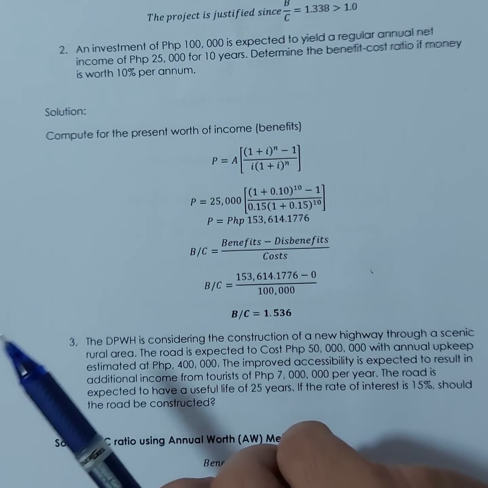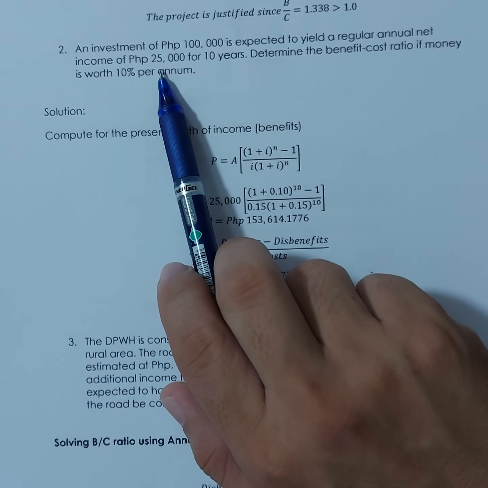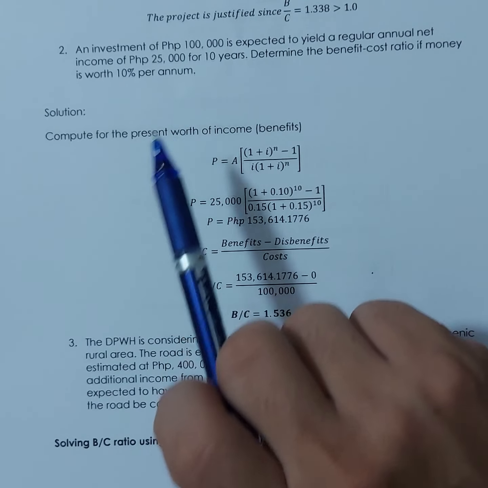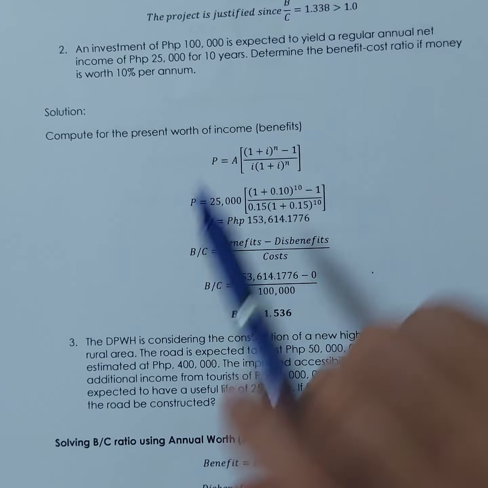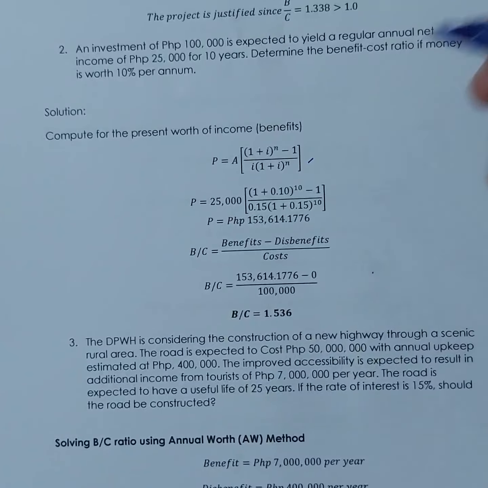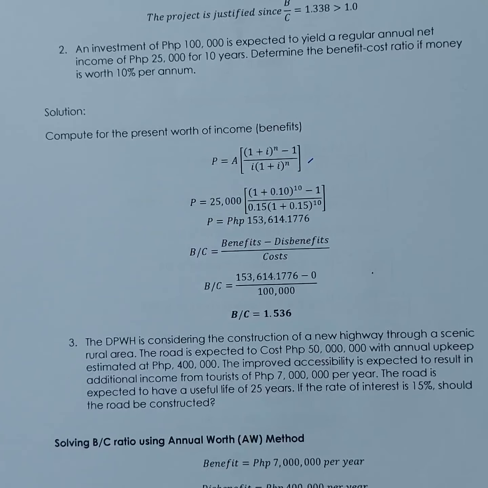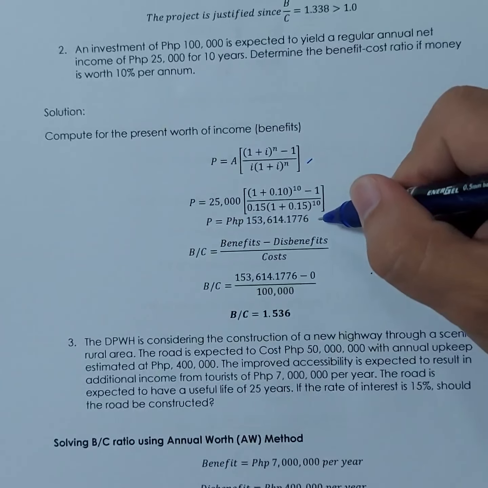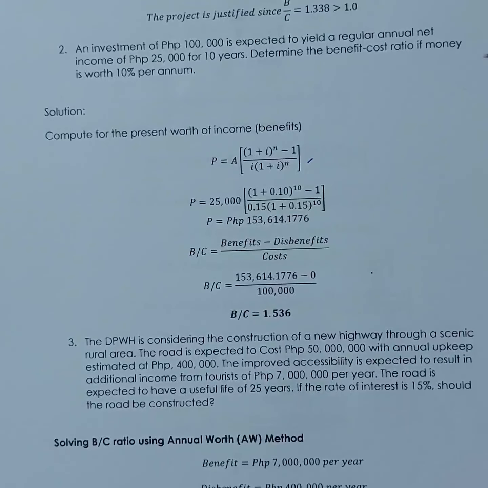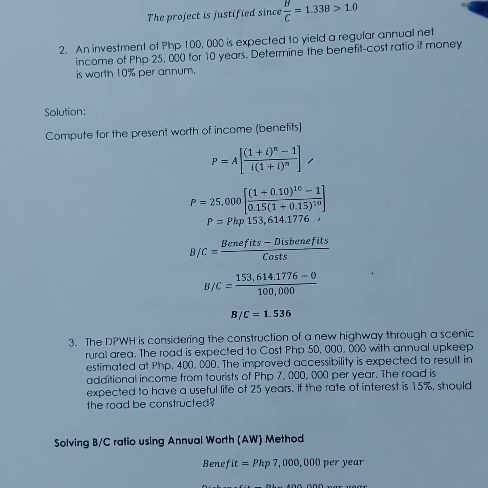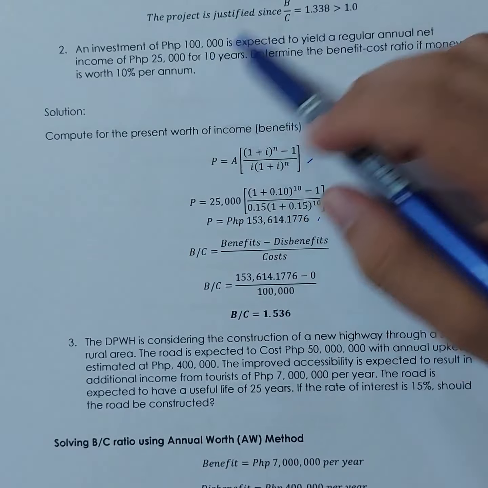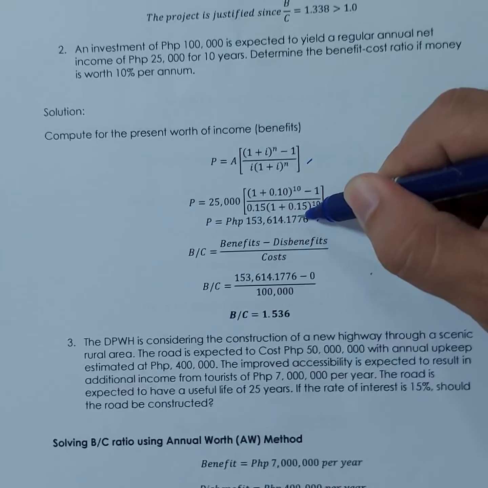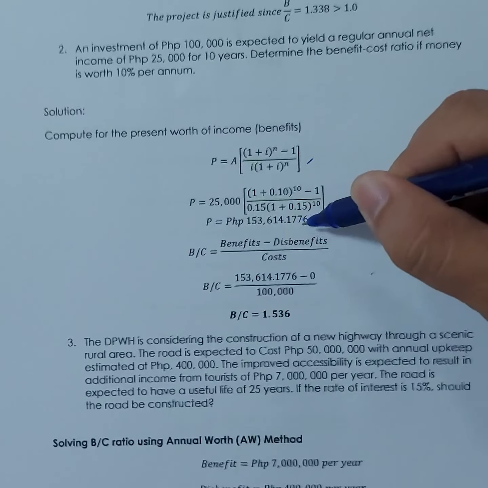So we're going to compute for the present worth of the yearly 25,000 pesos na annual net income. Okay, so this will be the formula to solve for the present worth of the annuity. So we have the present worth of all of the annual net income natin na 25,000 is 153,614.1776 pesos.